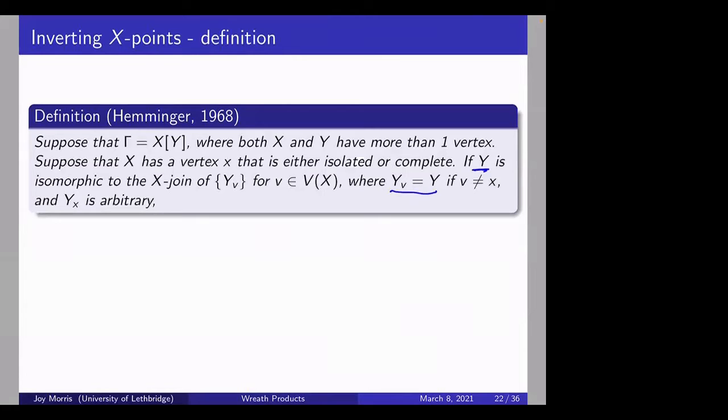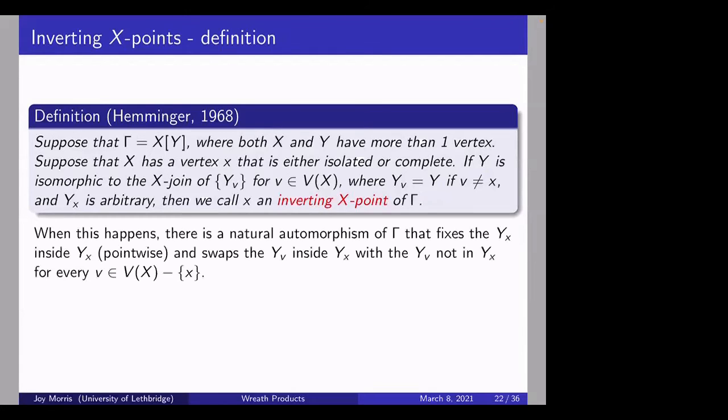So it's isomorphic to an X join of a bunch of copies of itself and one other thing, and that one other thing is replacing the vertex that's either isolated or complete. This can clearly only happen if Y is infinite. If this happens, then we call X an inverting X point of gamma.